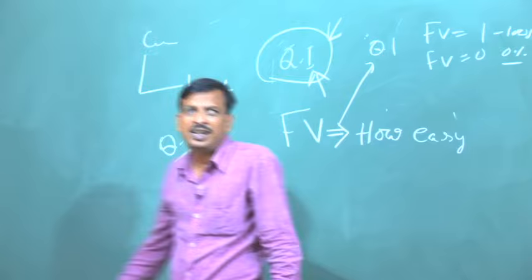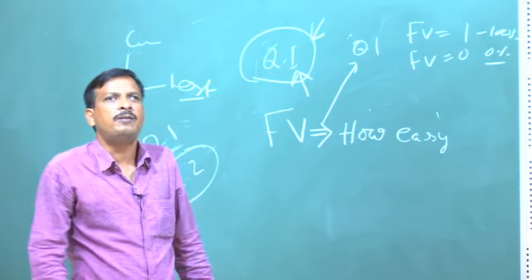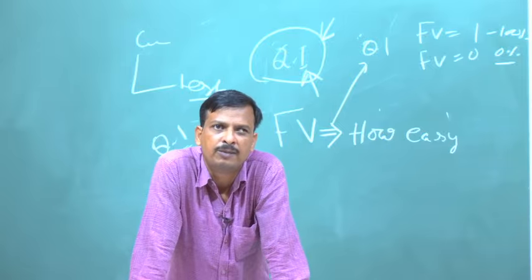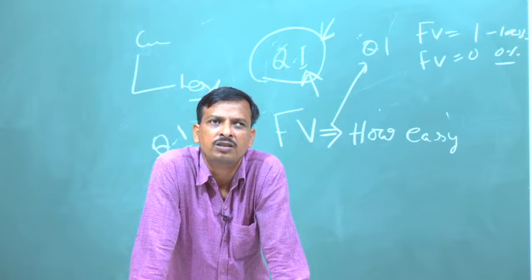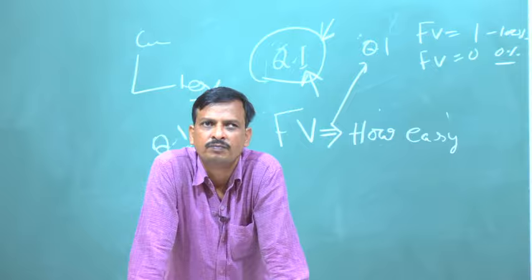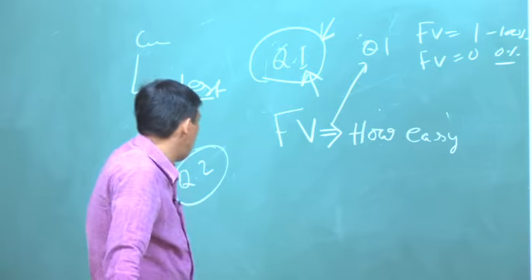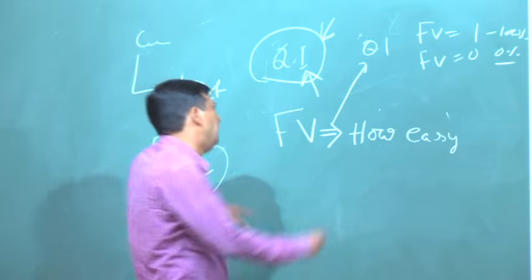If everybody gives the answer, the facilitation value is 100% or 1; if nobody can give the answer, the facilitation value is 0%. Now, how do I calculate the facilitation value in between?